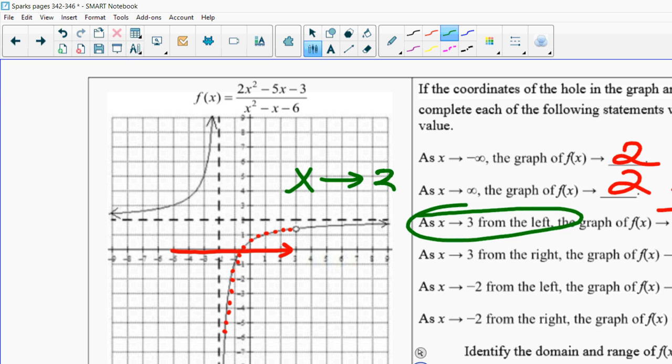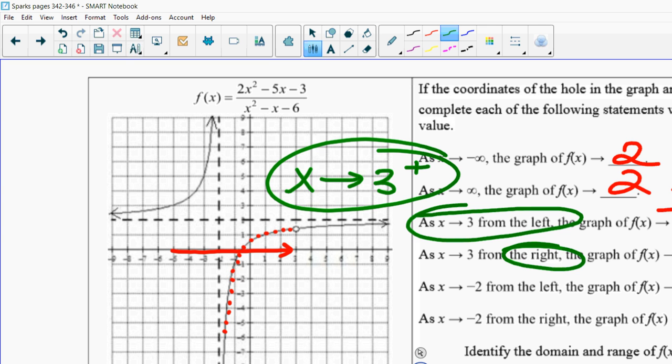When you see this little negative or positive sign up high after the number, x approaches 3 from the left, and that means from numbers smaller than 3. If we want from the right, we'll just make that plus. That says as x approaches 3 from the right, which means from numbers bigger than 3. So we don't have to write all these words. Mathematicians are lazy writers.